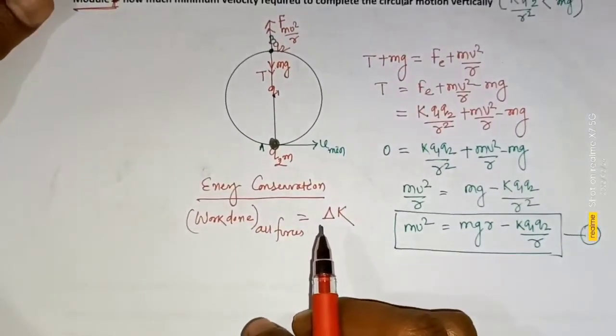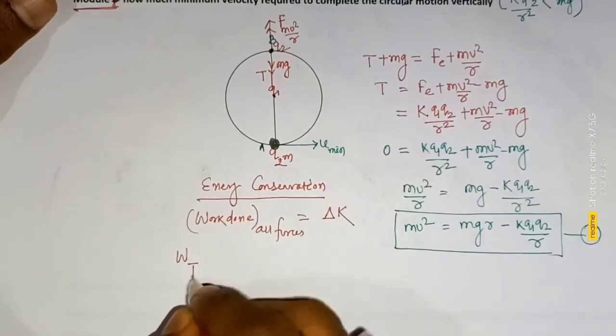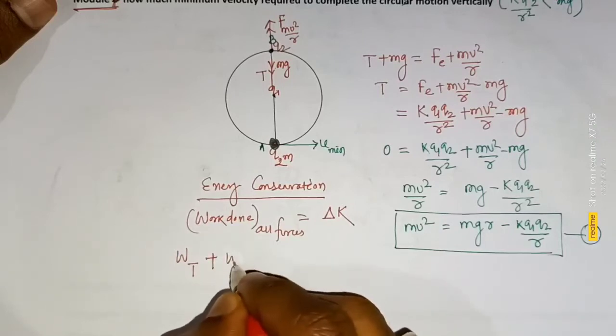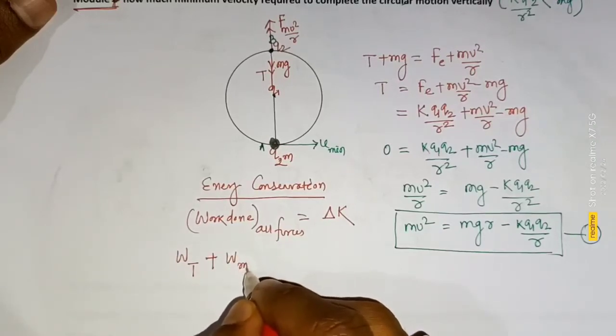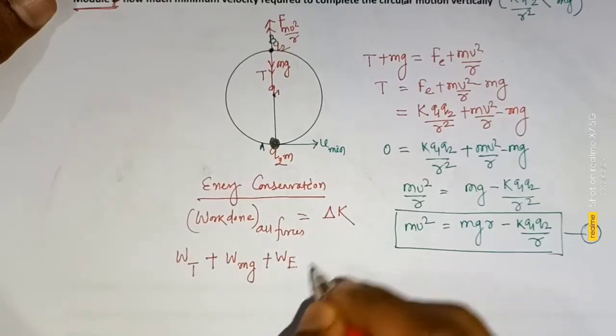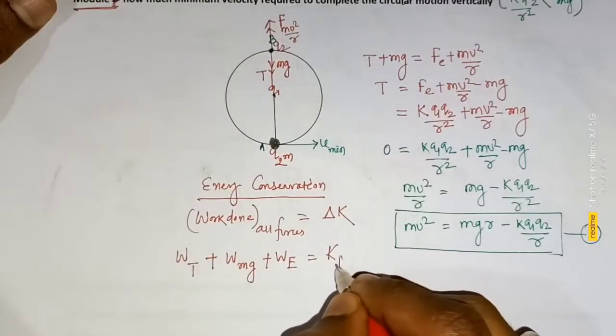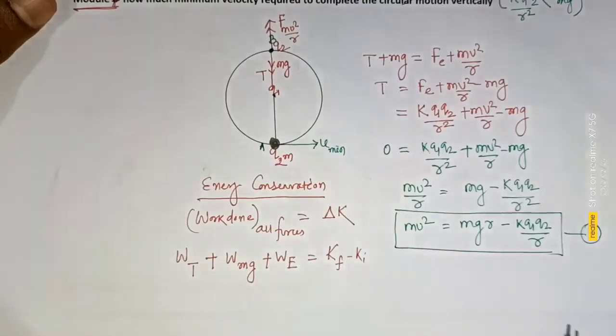If you observe carefully, here work done due to tension plus work done due to mg plus work done due to electrostatic force equals the change in kinetic energy. Can I say this is K final minus K initial?